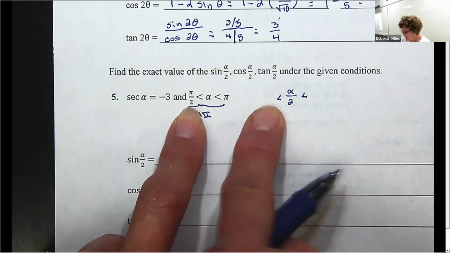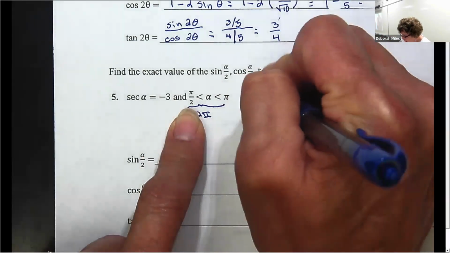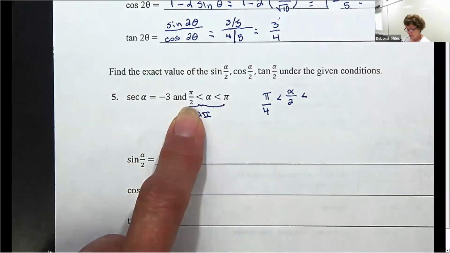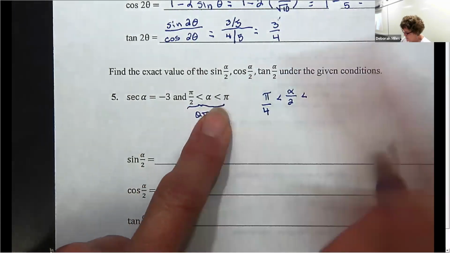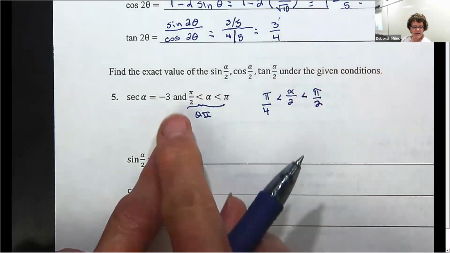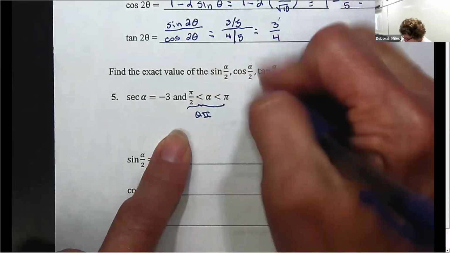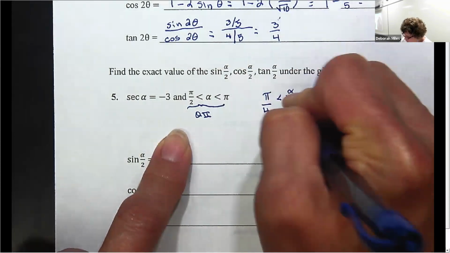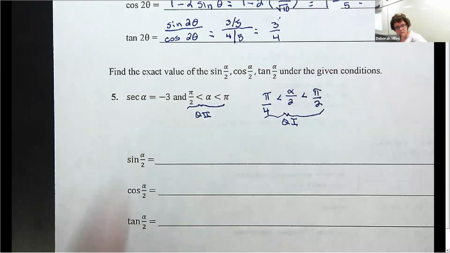Yeah, pi over 4. I'm just dividing pi over 2 by 2. And the right-hand side divided by 2 is just pi over 2. So if alpha is in quadrant 2, then alpha over 2 is going to be in quadrant 1.